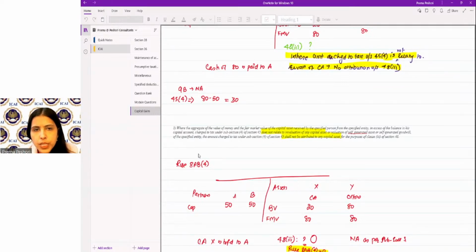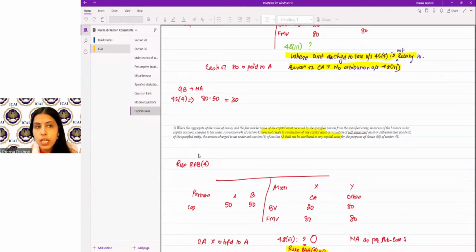Now moving further, what is the computation under 45(4)? A equals B plus C minus D. B is the value of money received, C is the fair market value of the capital asset, and D is the capital balance as on the date of the reconstitution. You have to ignore the revaluation and self-generated goodwill. If the value of A is negative, you have to consider it 0. Clear? We have seen the distinction.